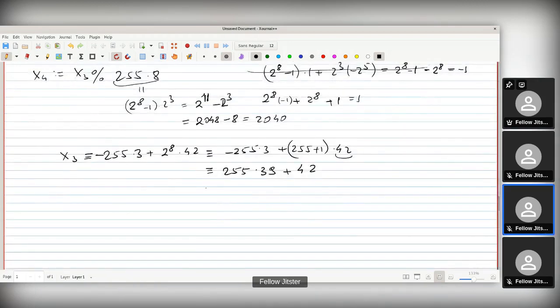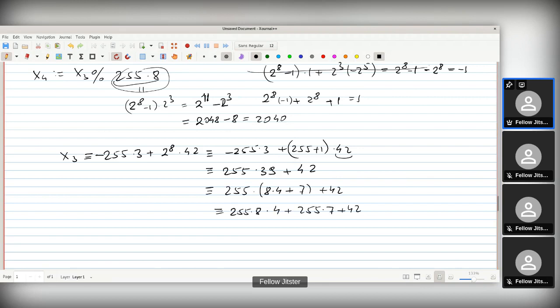Yes. But what is it? This number multiplied by 8 multiplied by 4 plus 7. That is our remainder, our modulus, plus this number plus 32.